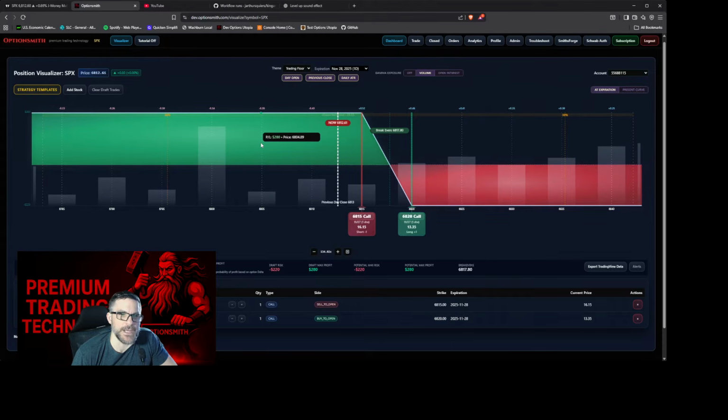I'm seeing a 280 for the maximum profit and 220 for the maximum loss. So we actually get a good profit to loss ratio here, and we have a probability of profit, which is just theoretical, but we can use it as a base to compare, of 51%. So it looks like this.